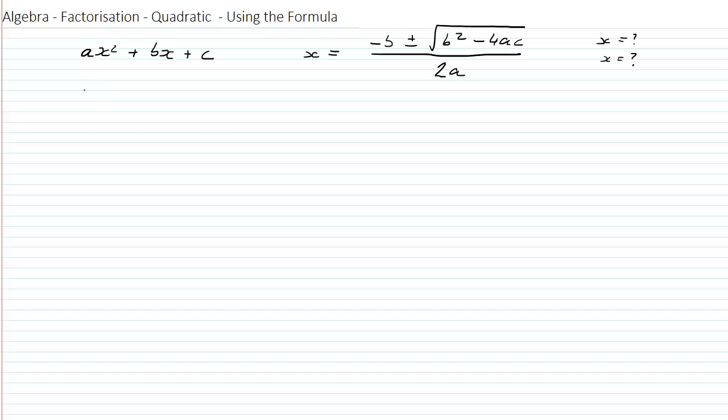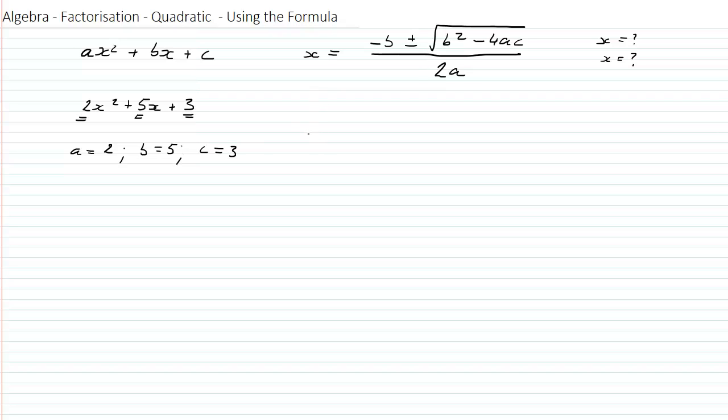So let's look at the expression 2x squared plus 5x plus 3. Okay, so we want to factorize this. How do we factorize it? We look at the values a, b, and c. So a is equal to 2, b is equal to 5, and c is equal to 3.